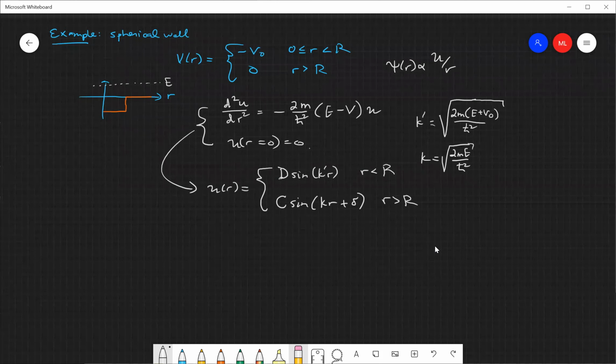Okay, so we know how to do this, right? It's the usual thing at the boundary between the two regions, r less than big R and r bigger than big R. We just apply continuity, and in particular, continuity of the logarithmic derivative.